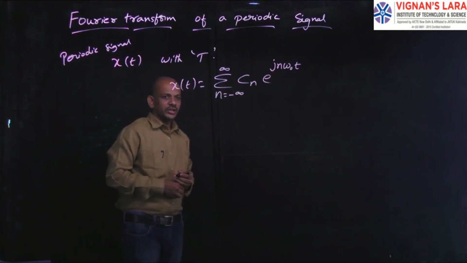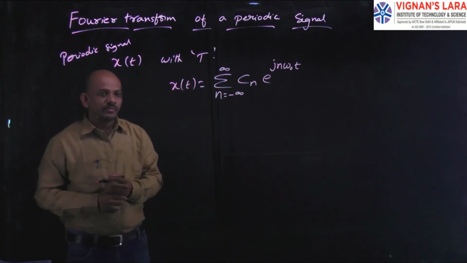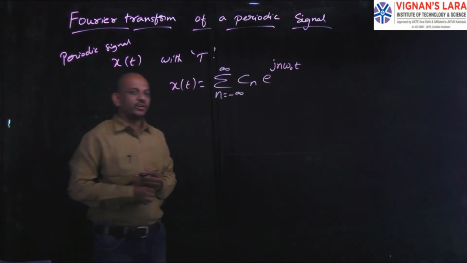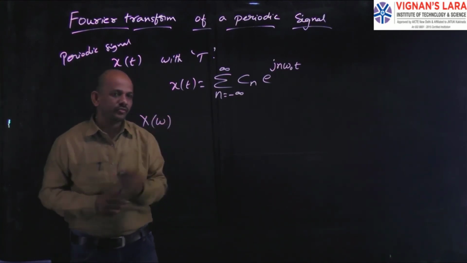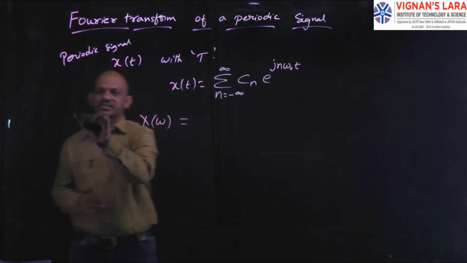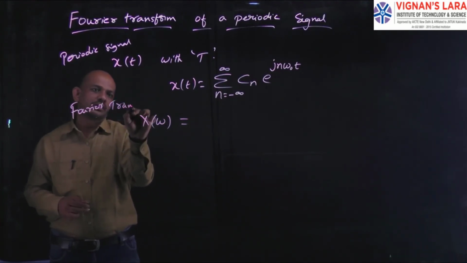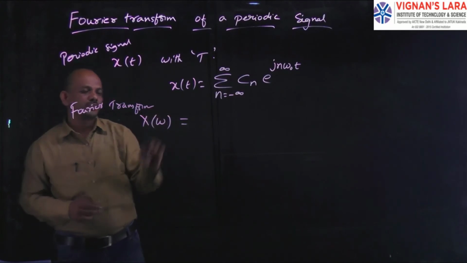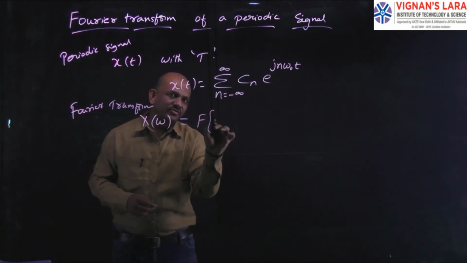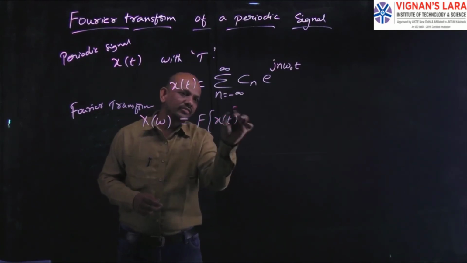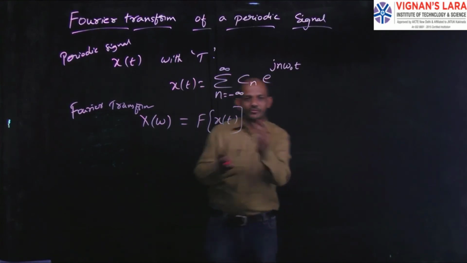We all know that the Fourier transform is represented with capital X of omega, the Fourier transform of x of t.